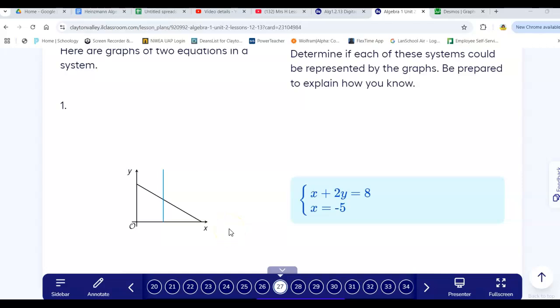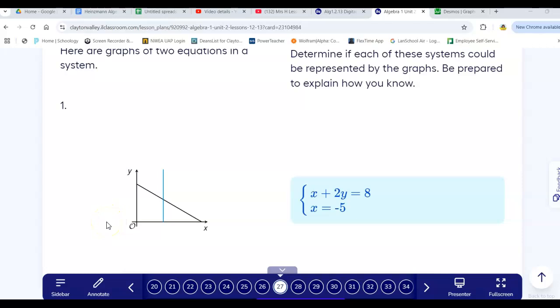An example would be, in this case, no, this could not, because this is x equals -5. So yes, this is a vertical line, x equals -5, but it's on the wrong side of the vertical axis, isn't it? If it was -5, it should be over here somewhere, and it's not.